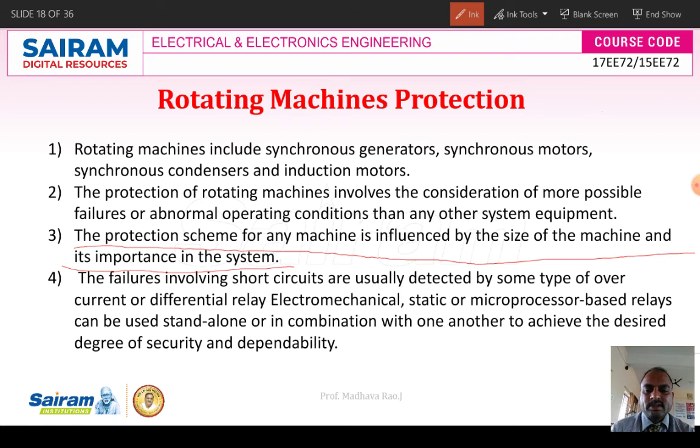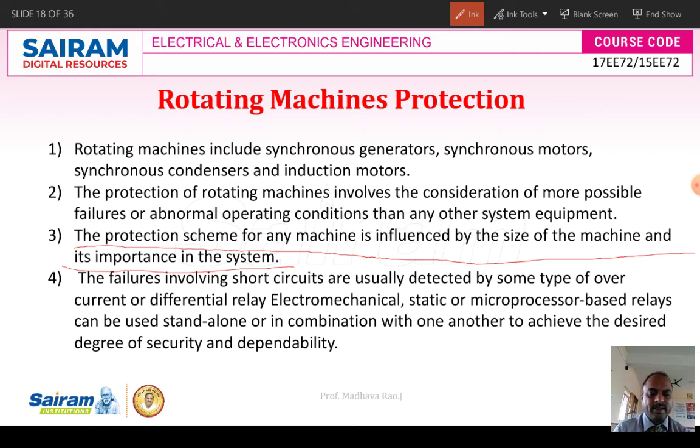Next, failures involving short circuits are usually detected by some type of overcurrent relay. Due to abnormal conditions or a short circuit, overcurrent flows. Differential relays, electromechanical, static, and microprocessor based relays can be used standalone.